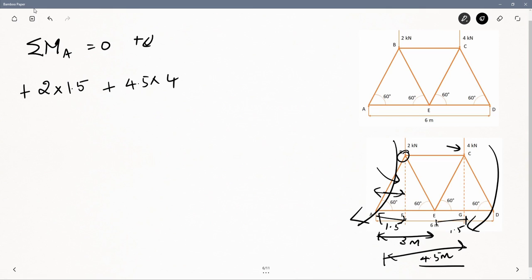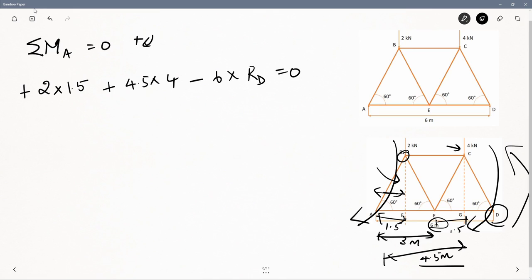The third external force would be the support reaction D, which is at a total distance of 6 meters, but this moment is anti-clockwise in nature. That's why I'll be prefixing it with the negative sign here. That is, force into distance would be 6 meters into RD, my support reaction RD being the unknown. I equate this to 0.